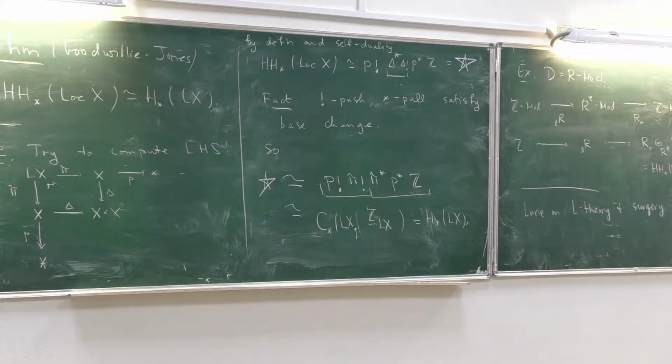So that's the argument. You could ask, how do I get the circle actions compatible? This can also be done, but it's a little fancier. It turns out to be true that the trace of the identity in this setting always has a circle action on it. There are two proofs of this.